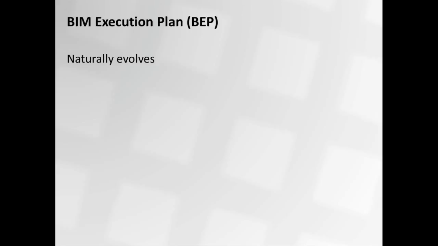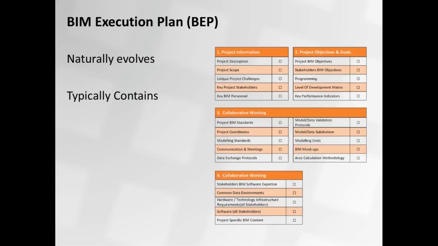So you want to develop this in several stages, because this is a complex document that contains all sorts of information associated with the project and the way in which people are going to collaborate.